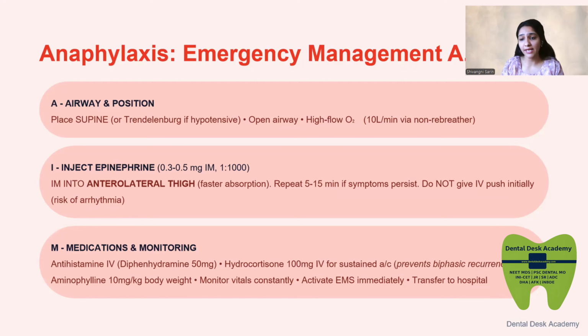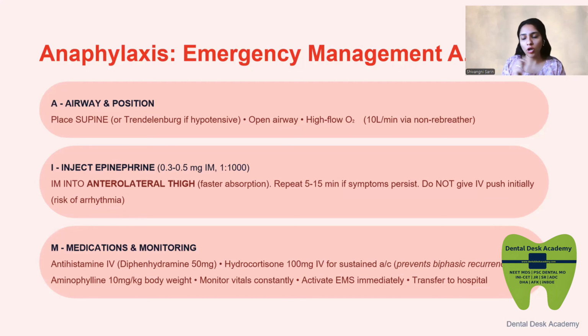Next, the medications, as I already told you: antihistamine IV, diphenhydramine 50 mg. Also, for sustained effect, so that the biphasic recurrence doesn't occur, you need to give a long acting drug. Now you know that IV antihistamines act very quickly and then wear off. So you need to give hydrocortisone 100 mg, which is a corticosteroid, to prevent that biphasic recurrence, which can occur within 3 days.